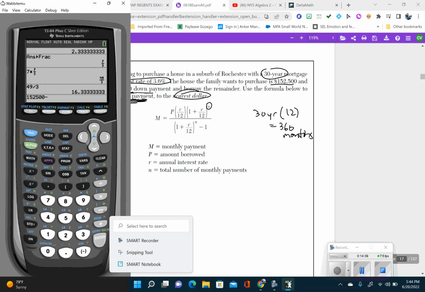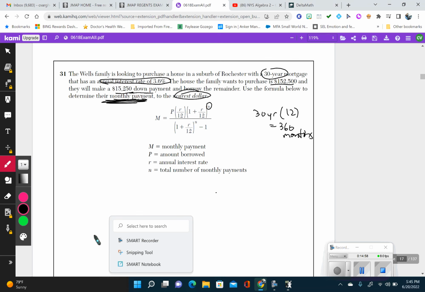So that number is going to be subtracted from the price of the house, because they've already put that down. So $15,250. And we're going to hit enter, and that gives us the amount of the loan.